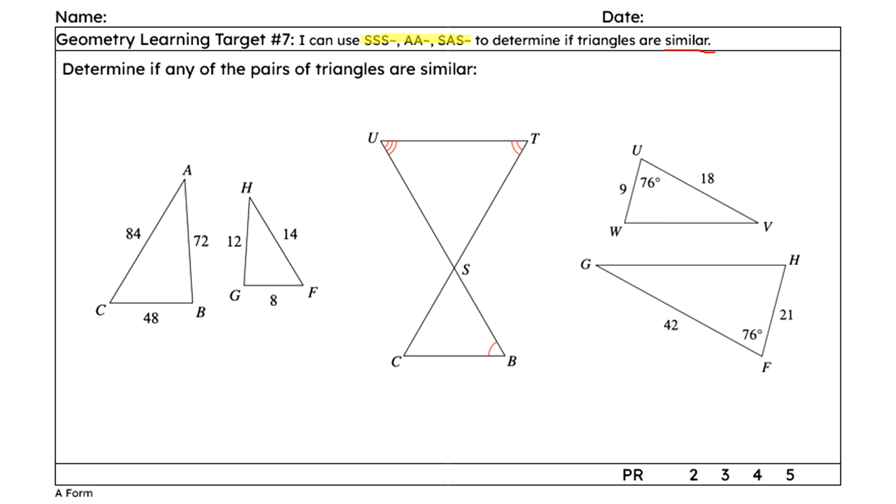So in my triangle BAC, my smallest side length here is 48 across the bottom. My smallest side length in GHF is this one. The 8 is the smallest one out of the 3. So I would like to know from small to big, how many times bigger is that?